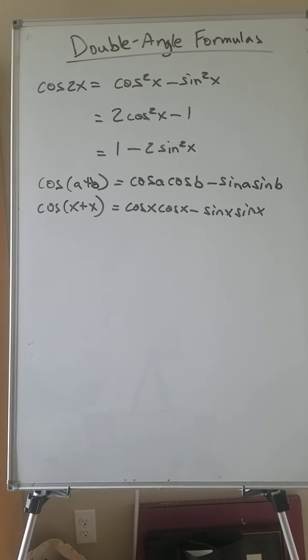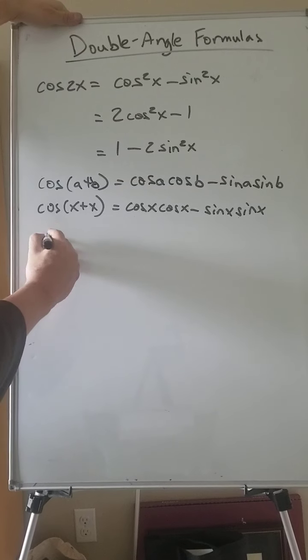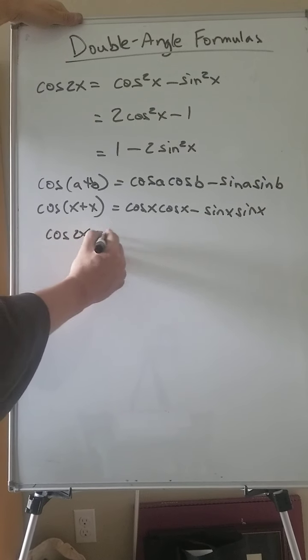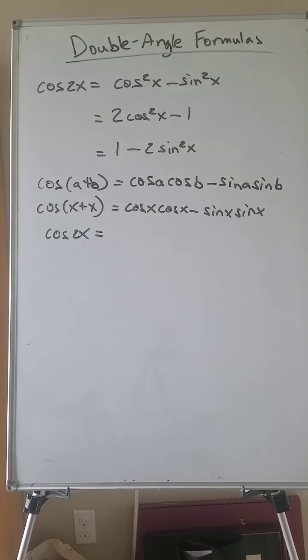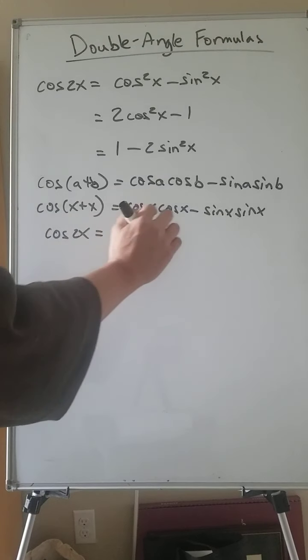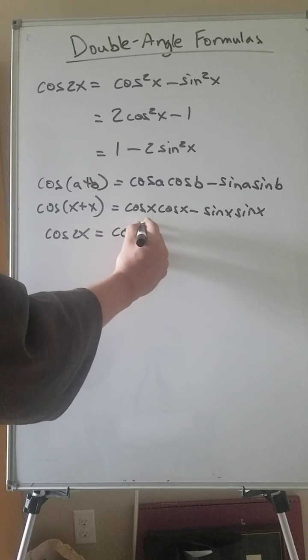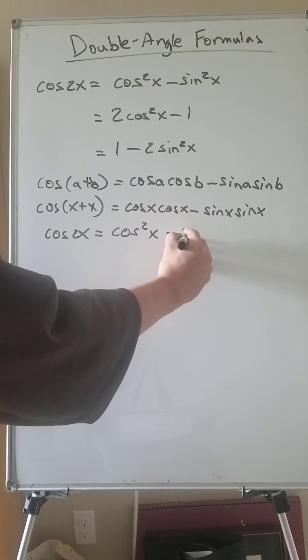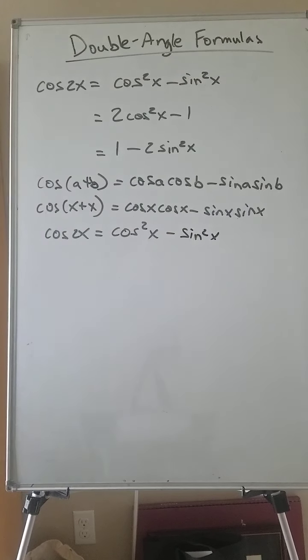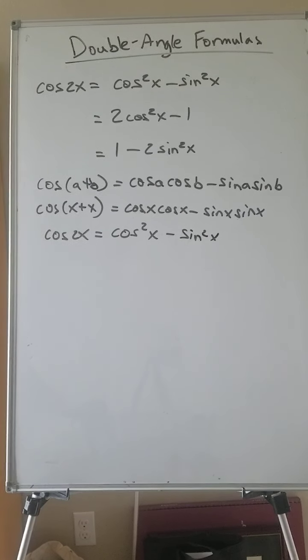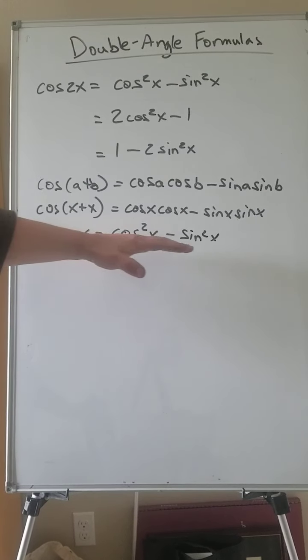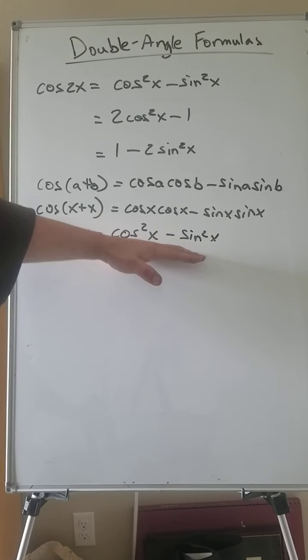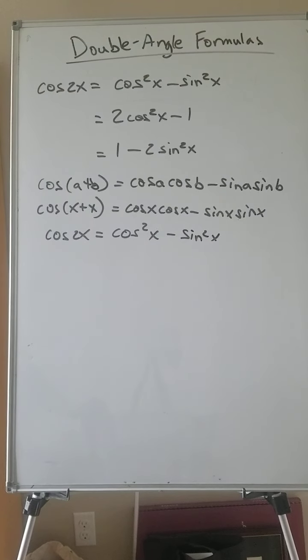If I simplify the left-hand side, cosine of x plus x is really just cosine of 2x. On the right-hand side, cosine x times cosine x, anything times itself is squared, so that's cosine squared x, minus sine x times sine x, that's sine squared x. So that's why cosine of 2x is equal to cosine squared x minus sine squared x, the first version they gave me here.